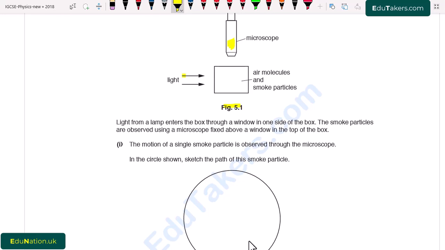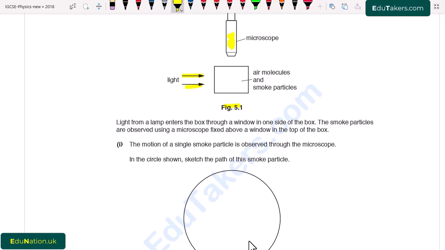So the light from left to right is entering into the box. The smoke particles are observed using a microscope fixed above a window in the top of the box. So here is a microscope that is above this box and it is used to observe the motion of these particles.